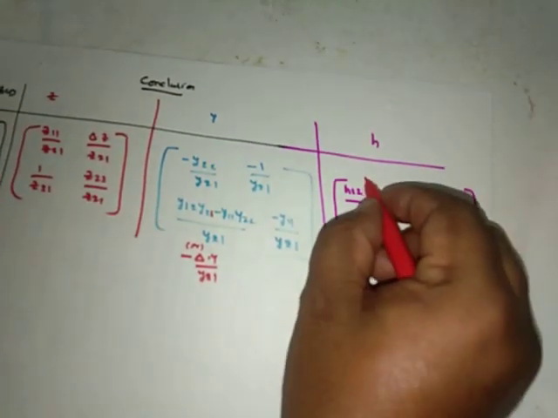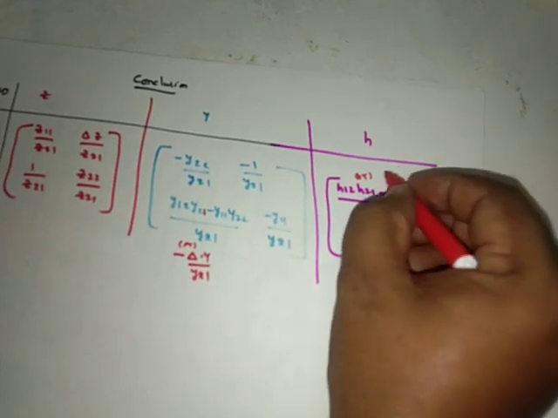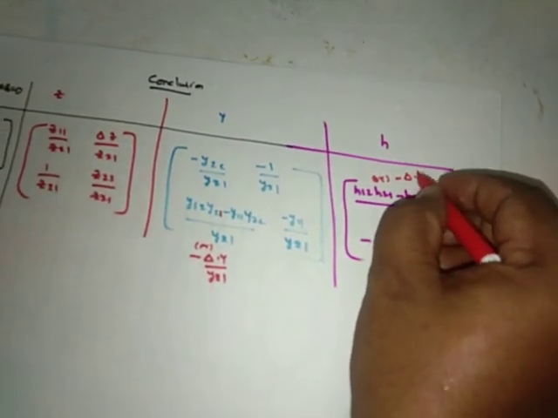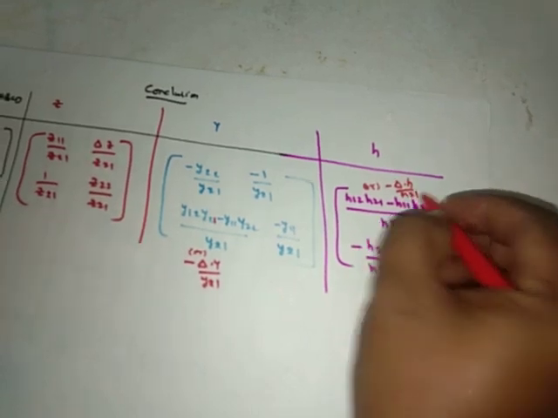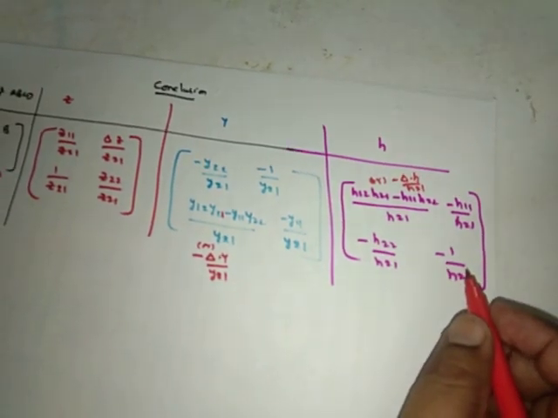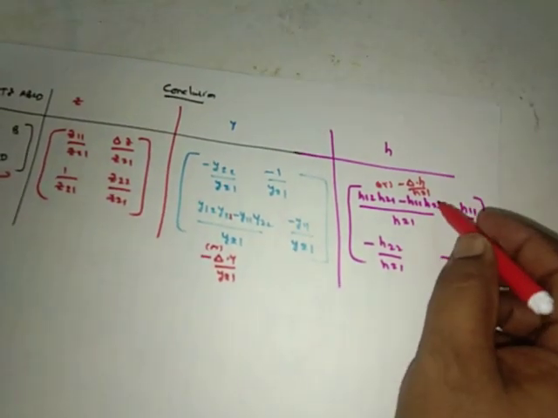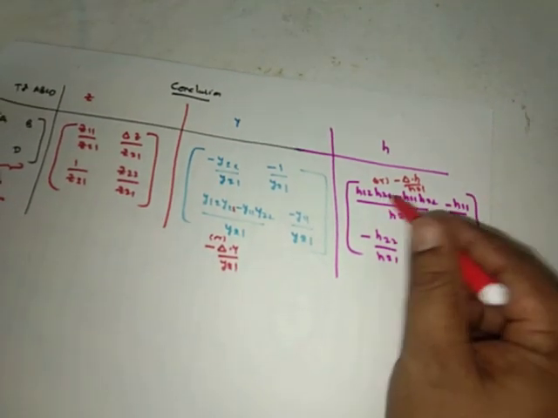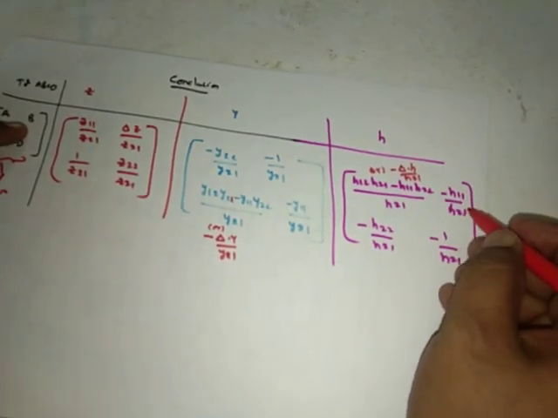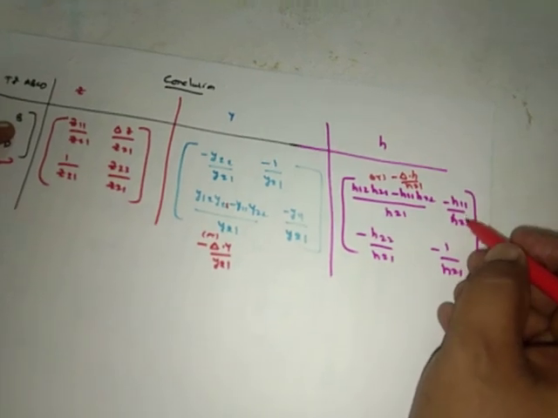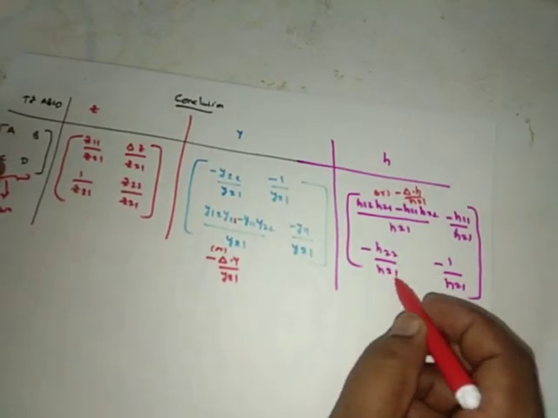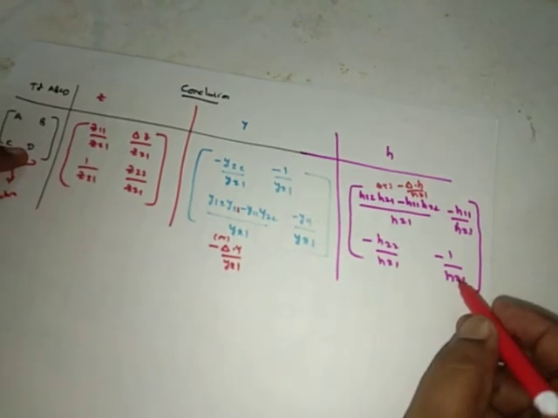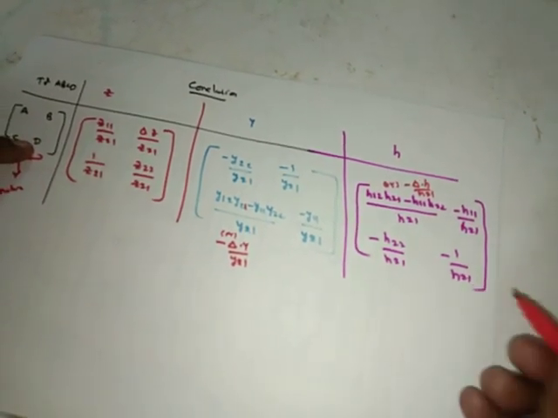This can be expressed as minus determinant of H by H21, or otherwise as it is. Then coming to B is equal to minus H11 by H21. C is equal to minus H22 by H21. D is equal to minus 1 by H21.